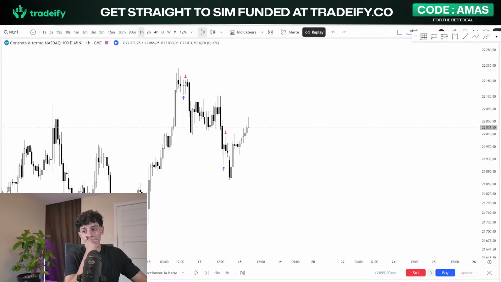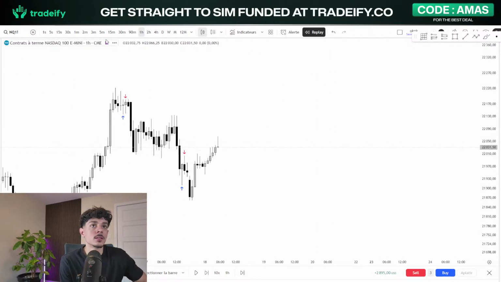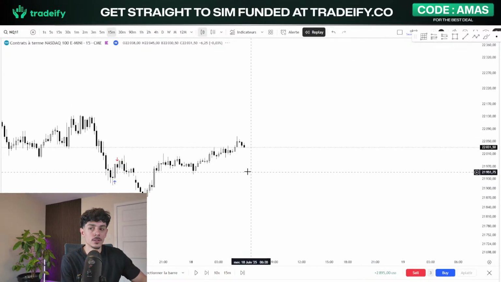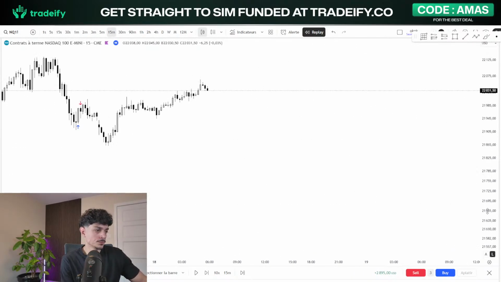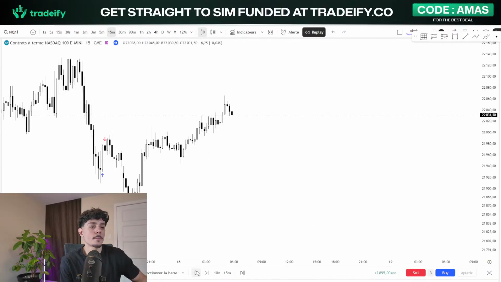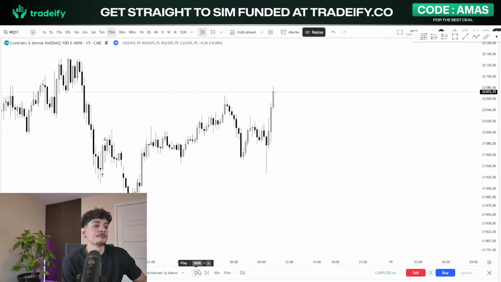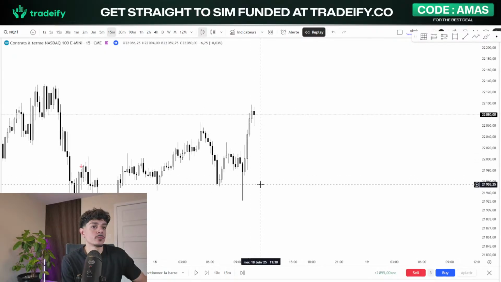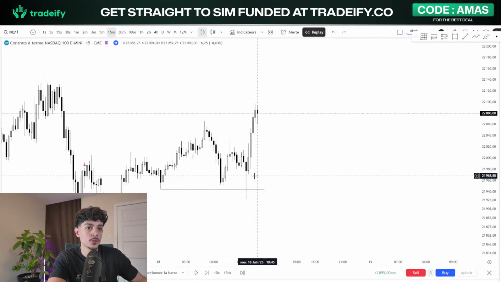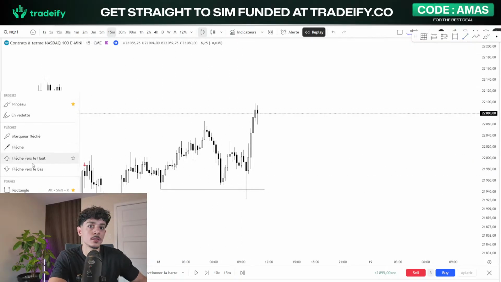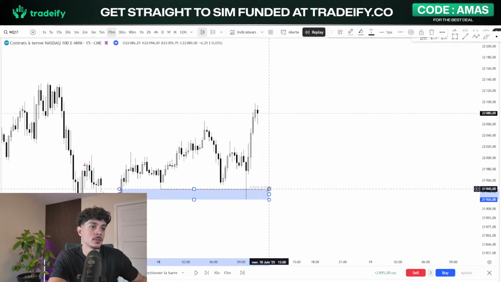So then on Wednesday, let's see what it does here. Again on the ETH chart. Right here, at market open, we went to sweep sell side into that 15-minute gap.